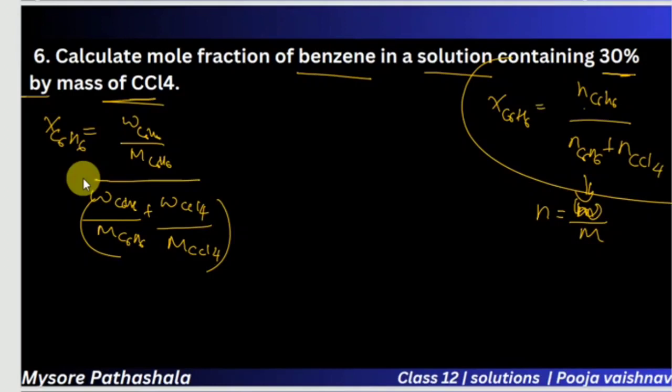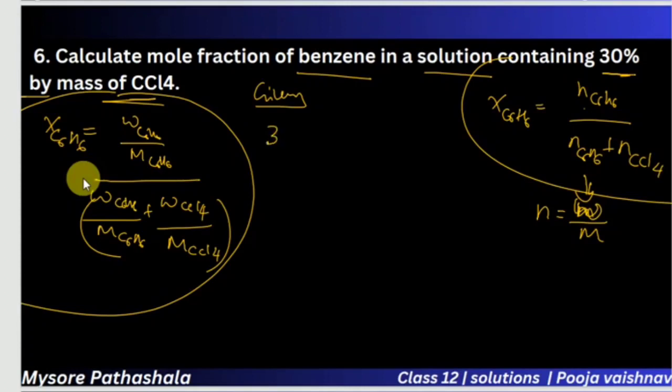Weight of C6H6 is given? No, they have not given it directly. The given data, so this is also again a formula. So given data we must know. Given data is 30% by mass of CCl4.